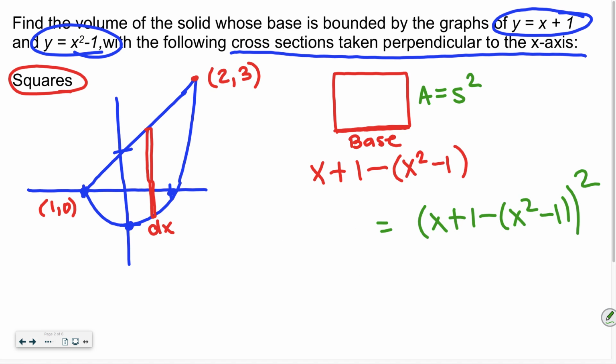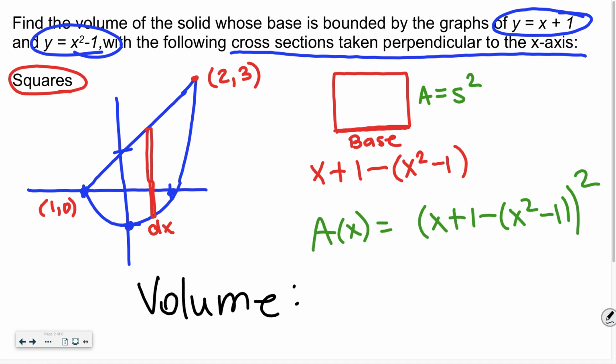So in your formula that you wrote down, this would be the A of x that I was referring to, because that's the area of your figure. So then the volume of this three-dimensional funky shape is the integral from 0 to 3. Oh, no, not 0.